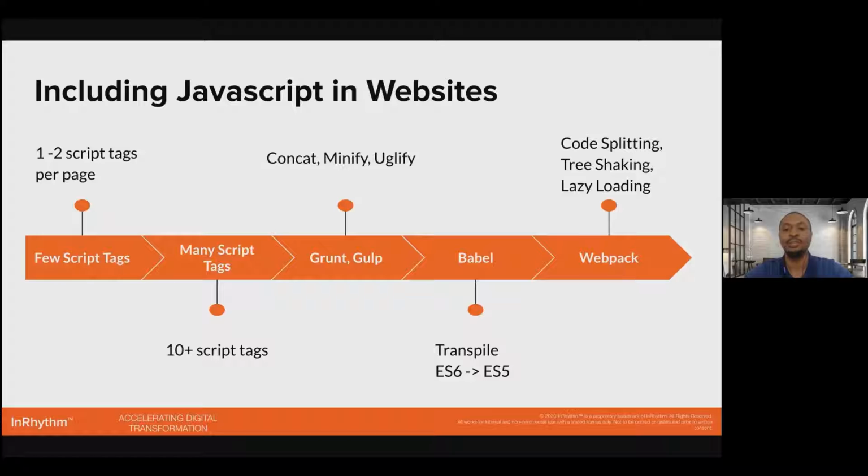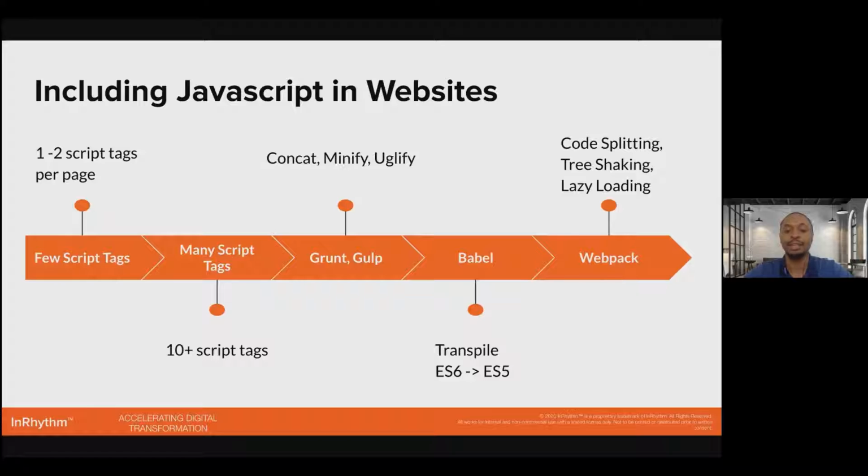And so tools such as Babel were created to allow developers to write their code in the newest syntax, but then still allow the older browsers to run their transpiled code. I would say it was also around this time that Webpack gained a lot of popularity because it allowed you to implement more modern optimizations of your code, such as code splitting, tree shaking, and lazy loading, all of which still required bundling your code.